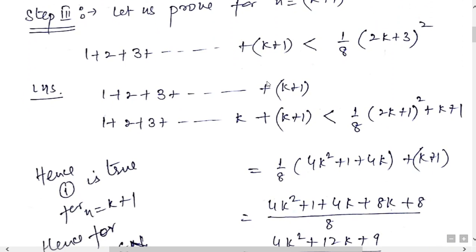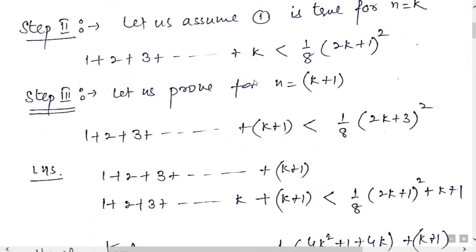Now what about the left hand side? If I write left hand side 1 plus 2 plus 3 up to so on k plus 1, I already know 1 plus 2 plus 3 up to so on k can be written as less than 1 over 8 (2k plus 1) whole square.